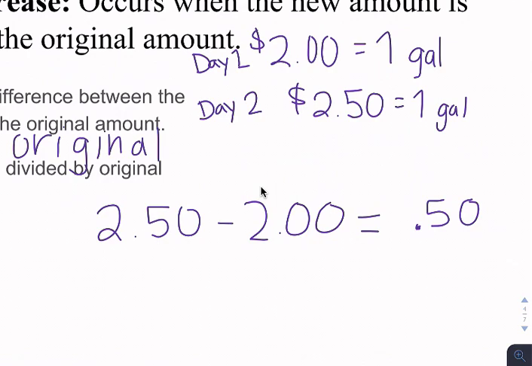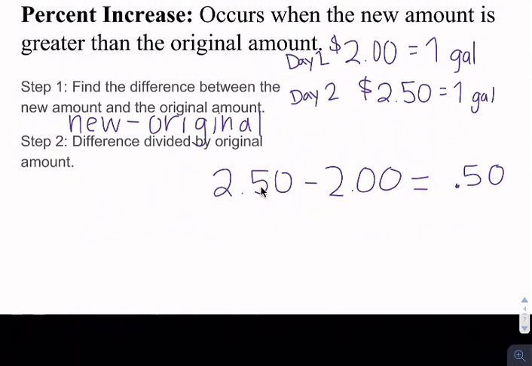Okay. Step number 2 says take the difference and divide it by the original amount. So we have 50 cents divided by $2.